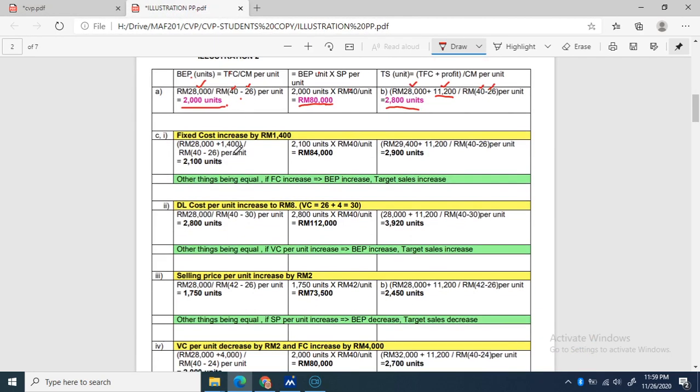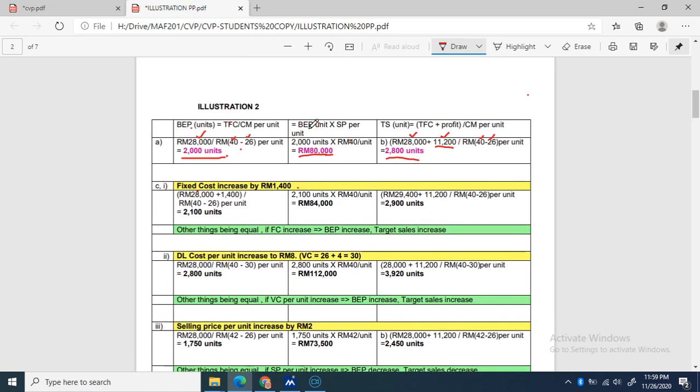Okay, C1, just now we said that fixed cost increased by 1,400. If you refer to the formula, BEP is total fixed cost divided by contribution margin per unit. The original fixed cost is 28,000, now increase by 1,400, so you plus to get the new fixed cost, 29,400, divided by... selling price does not change, it's still 40.